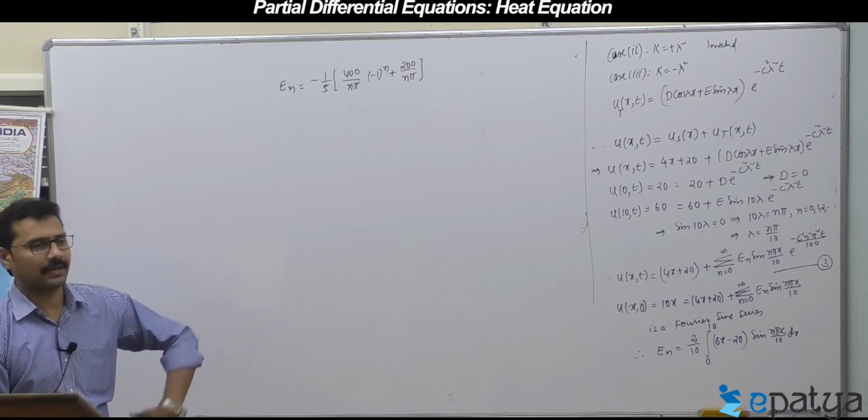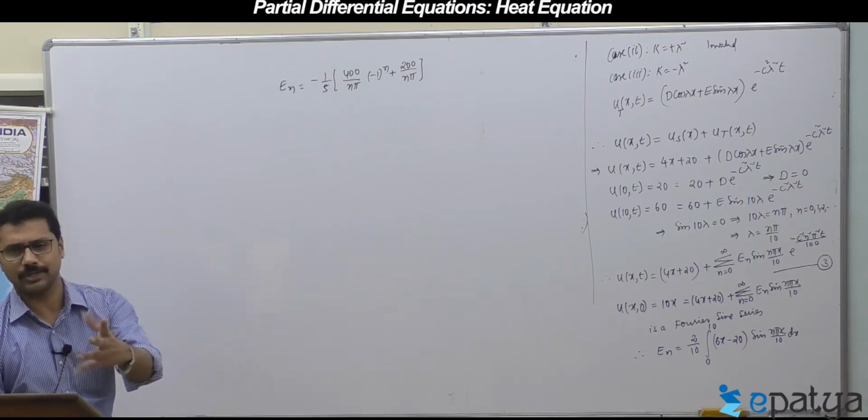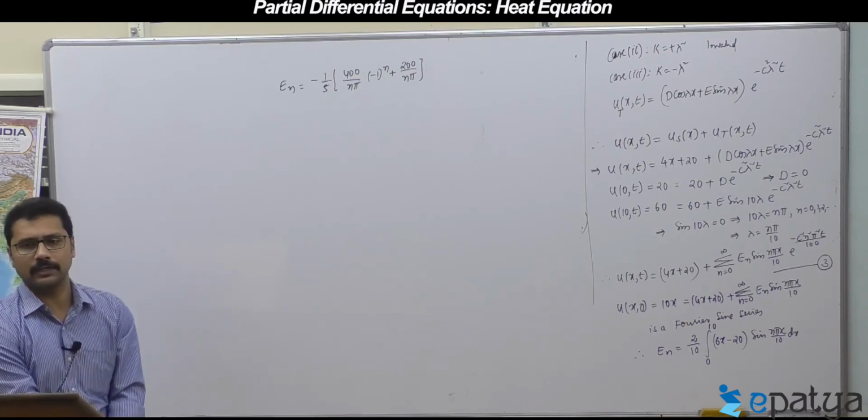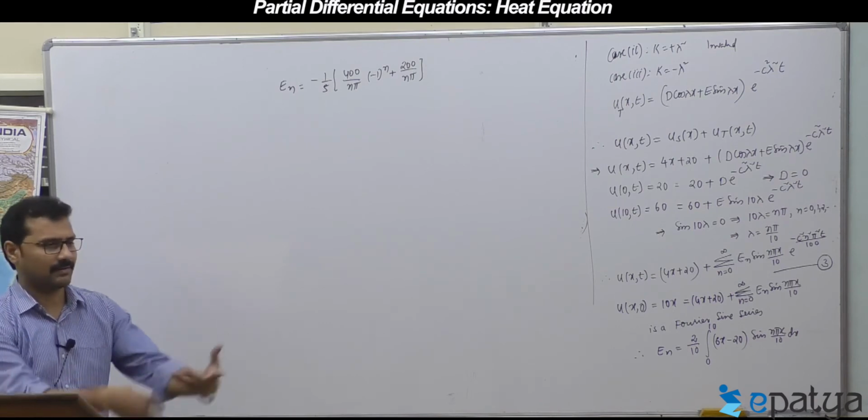So again 100x by L is your initial temperature distribution, and u of 0 comma t is 20, u of L comma t is 80. That's it, and solve regularly.